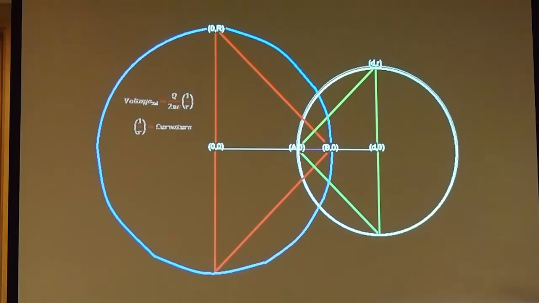In differential geometry, we have this idea that 1 over r is curvature. So we could essentially more generally define voltage in electric fields in terms of inverse curvature and say that this is equivalent to inverse distance.